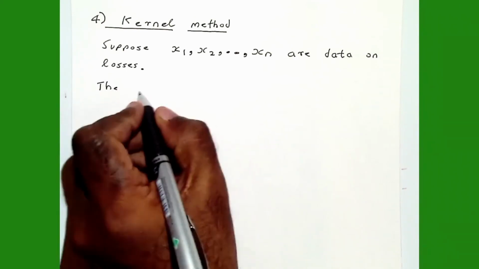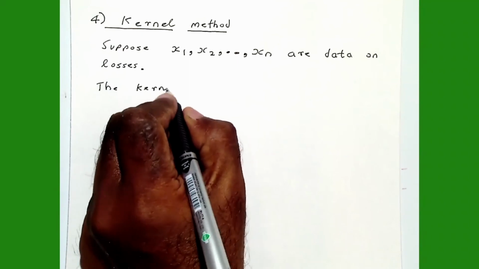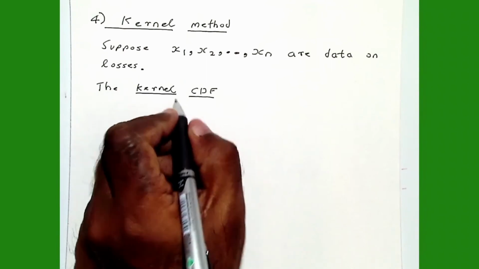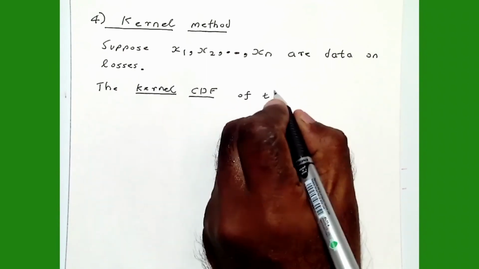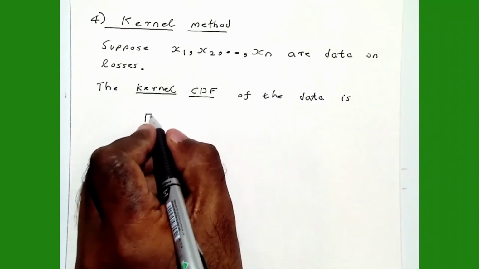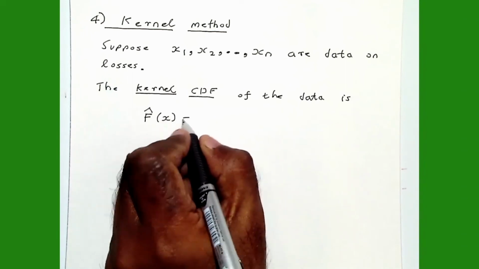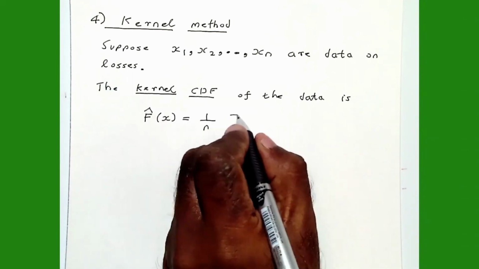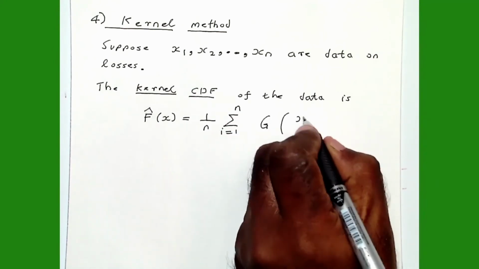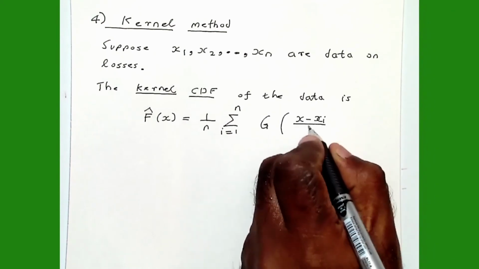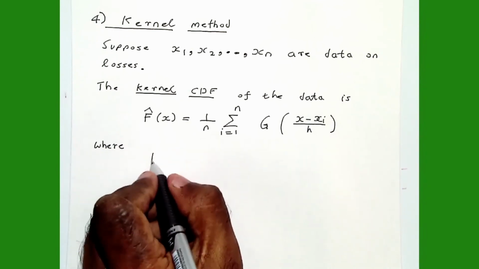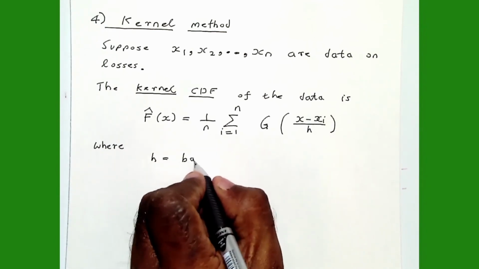So the kernel CDF of the data is given by the following formula: F hat equal to 1 over n times the sum from 1 to n of capital G of (x minus xi) divided by h, where h is the bandwidth. I will explain what that is in a minute.